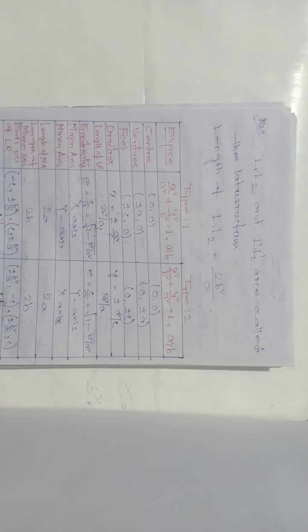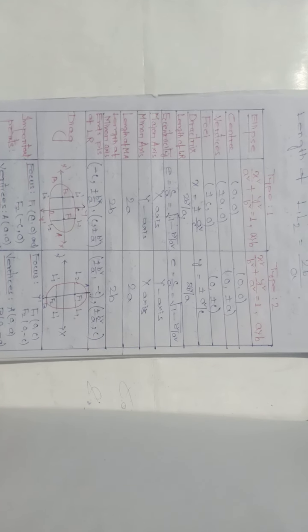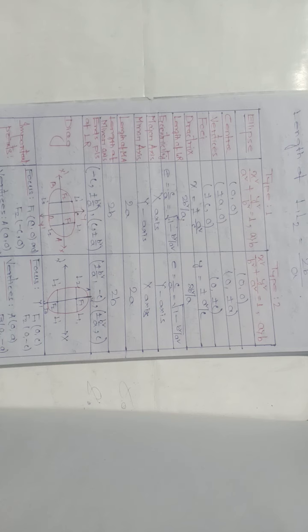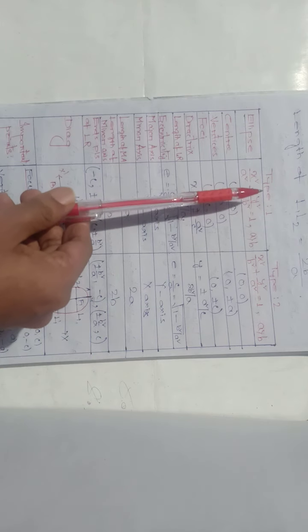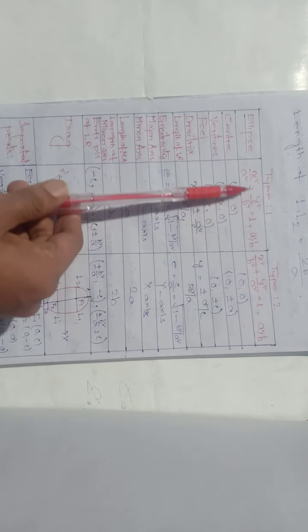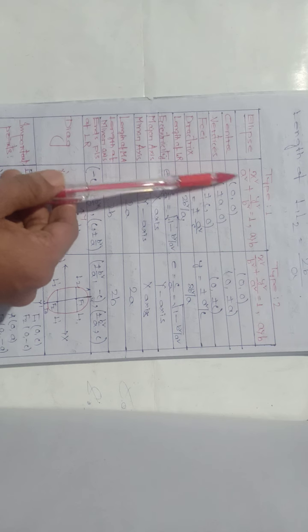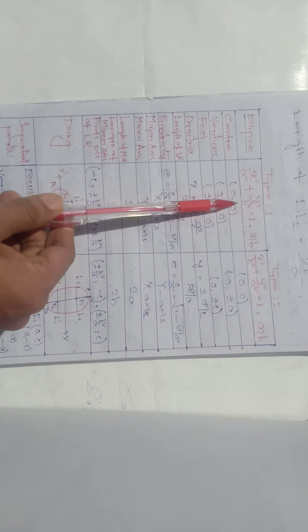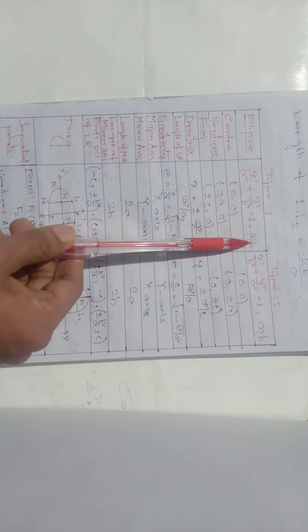So students, I have a chart. I hope you can understand. You can compare the two types of ellipse. First of all, the two types of ellipse equation will be x square by a square plus y square by b square equal to 1, a is greater than b.